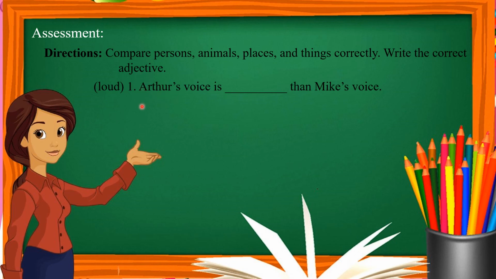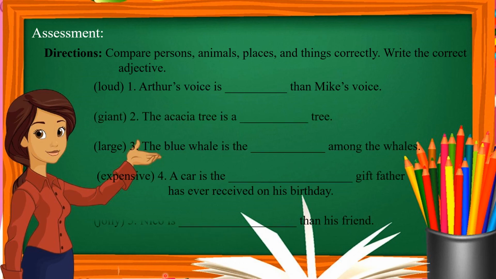There are 5 sentences here. Get the assessment form in your tray beside you or at the back of you. Okay? Now, answer that in 5 minutes.